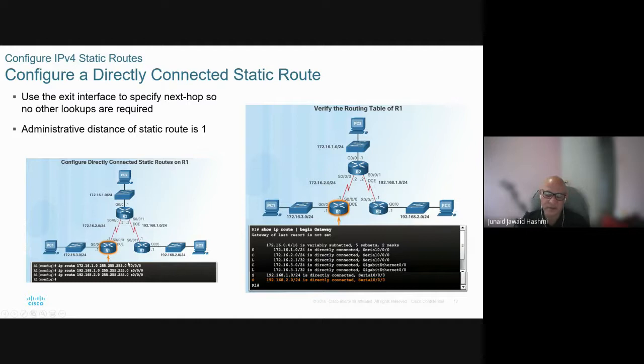Okay, so remember that if you're using the IP address, it should be the next hop IP address. If you're using the interface name, it should be your own interface.